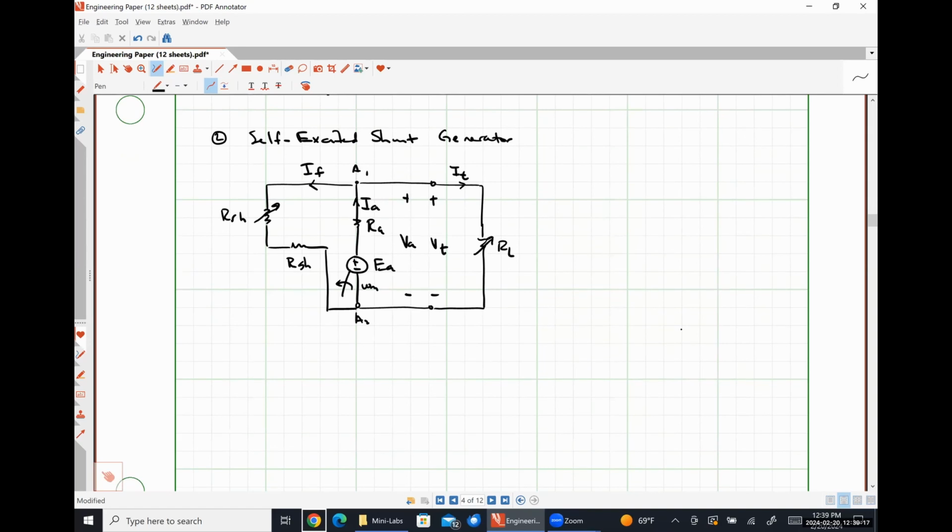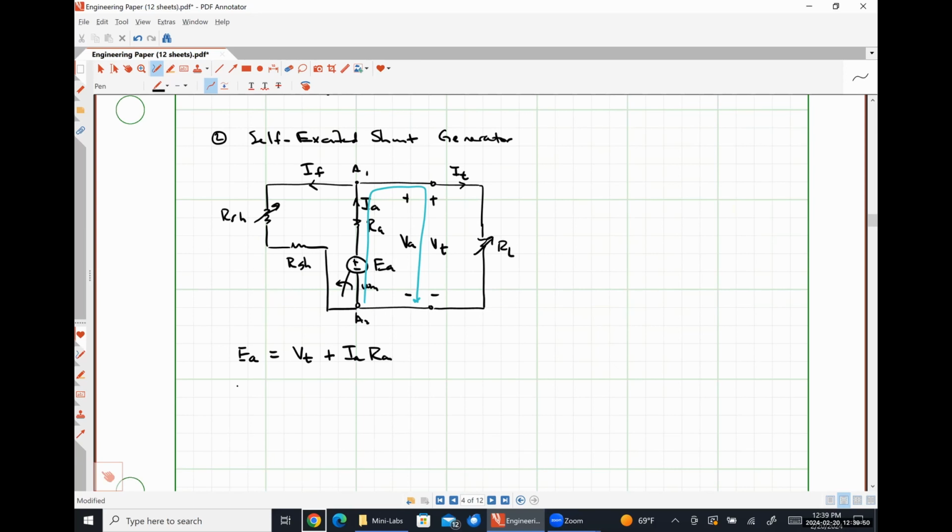So writing a Kirchhoff's voltage law equation around this loop gives us the relationship that our induced voltage EA is just going to be, once again, VT plus IA times RA, exactly like what we would expect for a generator, right?